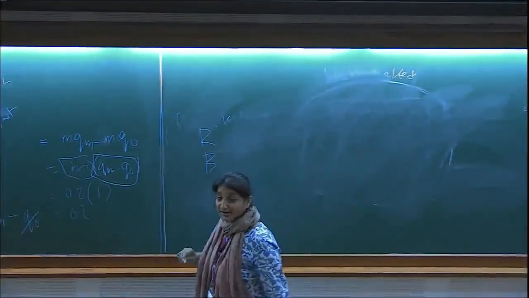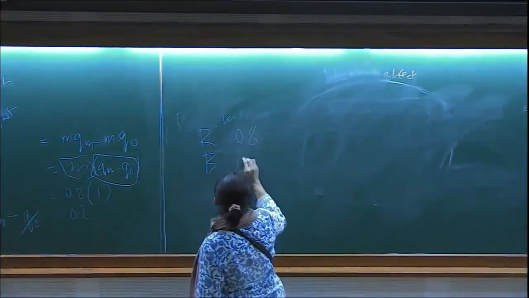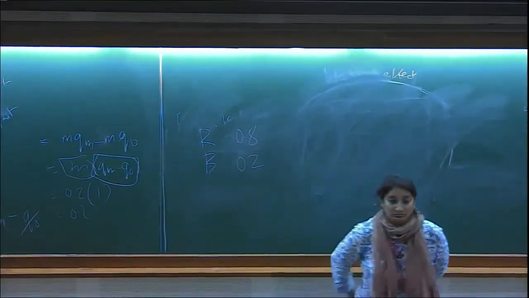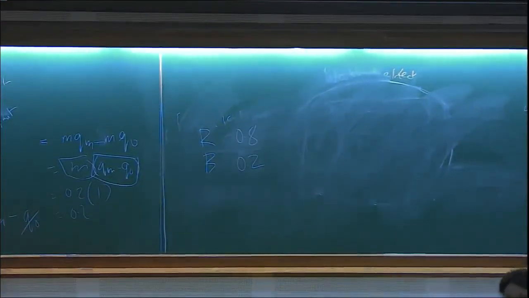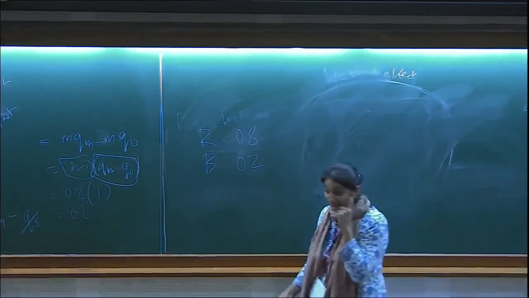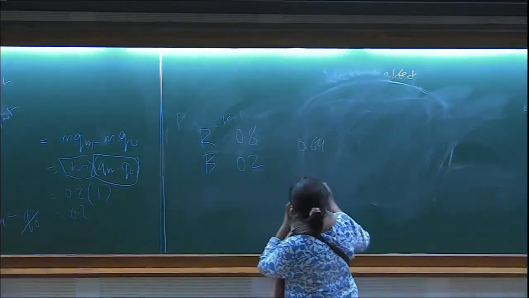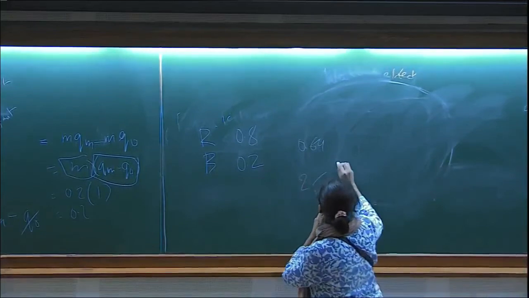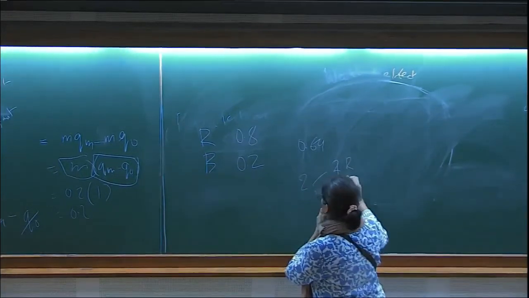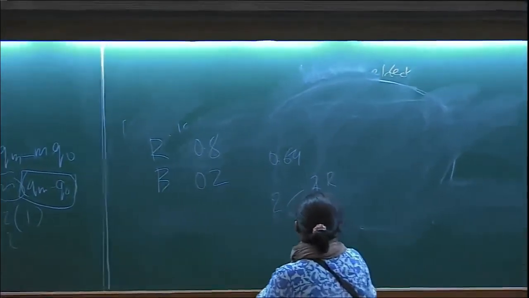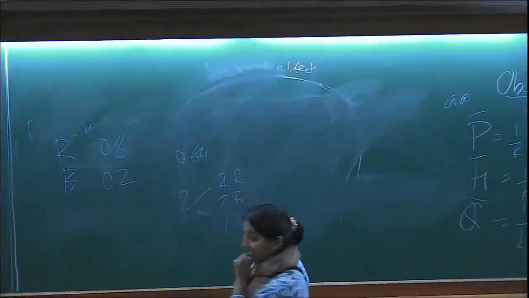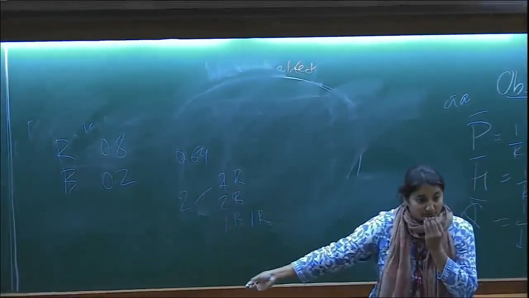The frequency of red is 0.8, the frequency of blue is 0.2. What is the probability of pulling out 2 reds? Pull out a red and pull out a red. 0.64. So when you pull out 2 things, you could pull out 2 reds, 2 blues, 1 blue and 1 red, right? And this is easy, it's just a binomial process, right?